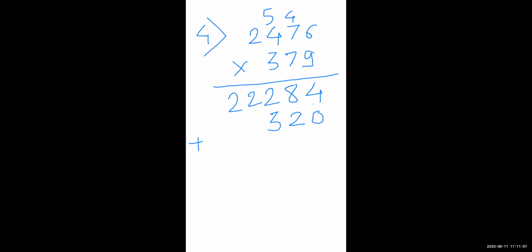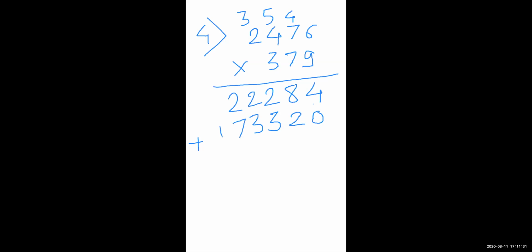Then 7 fours are 28. 28 plus 5 is 33. 33's 3. 3 goes to carry. 7 twos are 14. 14 plus 3 is 17.